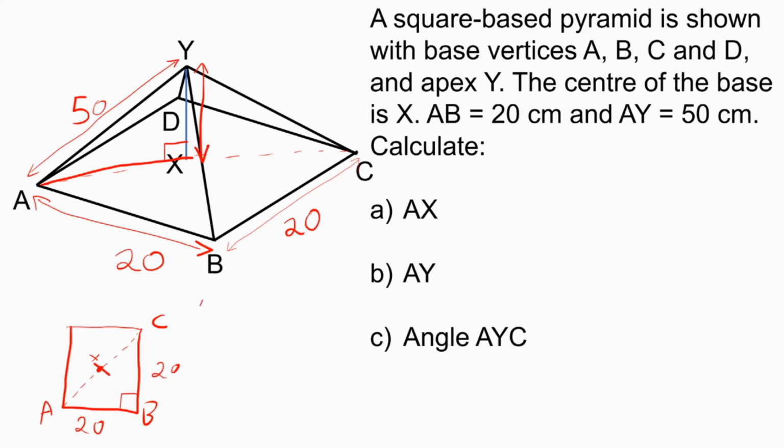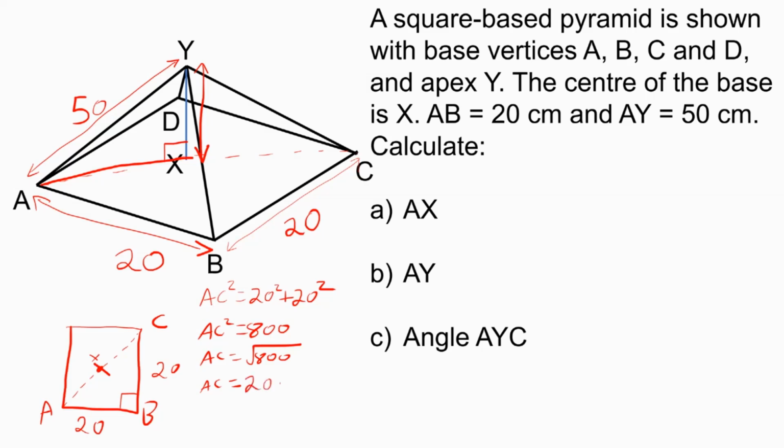So first of all, AC squared is going to be 20 squared plus 20 squared, which is 400 plus 400, which is 800. So to get AC, I would need to do the square root of 800, which is going to be 20 root 2. I'll leave it in surd form.